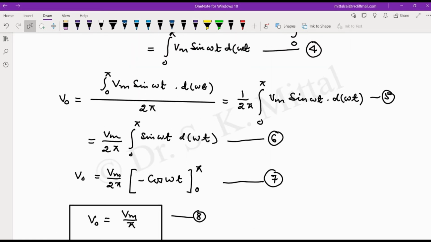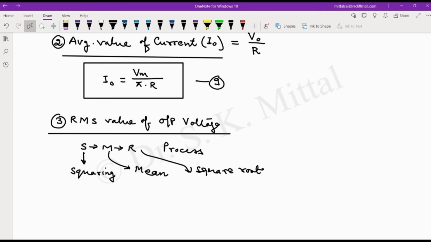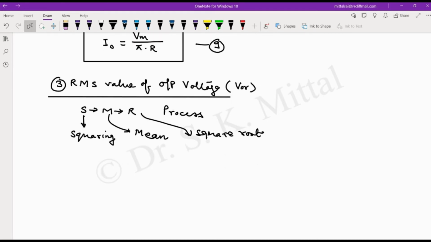So now what we do here, this is the first formula which we have developed for the calculation of average output voltage. First I have written here squaring, and if the output voltage I represent by V0R, what is V0R?